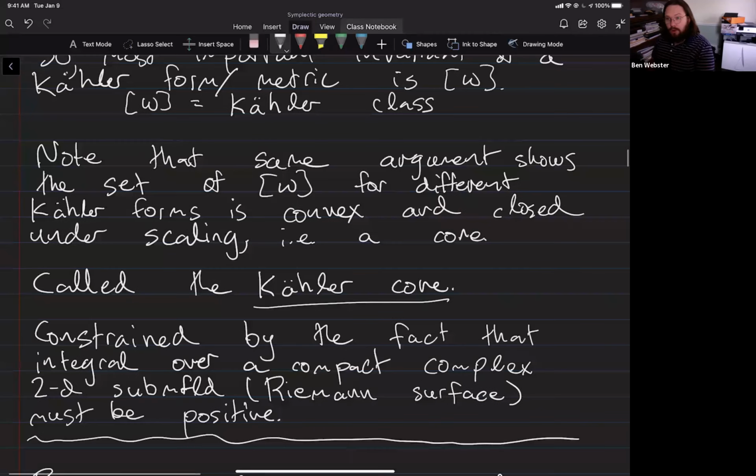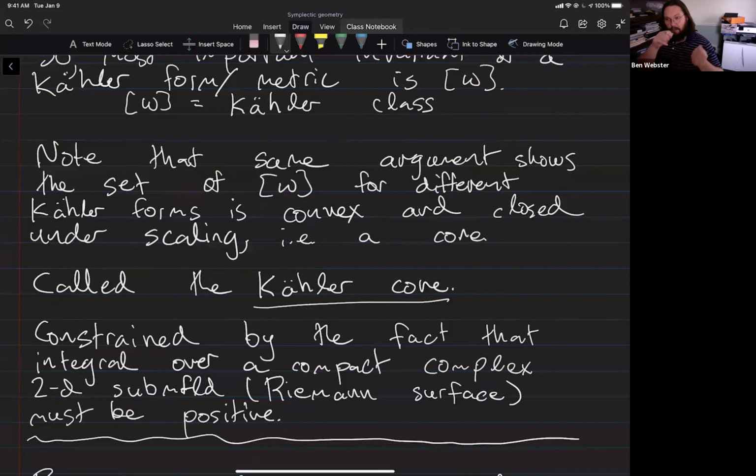If you're wondering how you would get inequalities defining this cone, if you have a Kähler form, then you get a volume form on every complex submanifold. So in particular, if you have a compact complex one-dimensional submanifold, a Riemann surface inside your complex manifold, then integrating the Kähler class over that, you have to get a positive number because you're finding the volume of that Riemann surface.